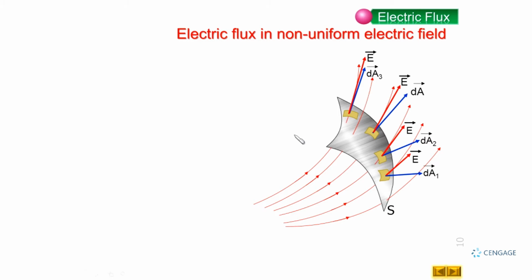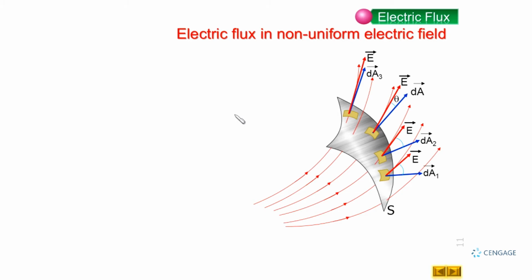So let us do one thing. Let us consider one element and define the angle between the area vector and electric field. Let us define this element and write here this angle is theta. At this position, electric field E and area vector dA1 are making angle theta.